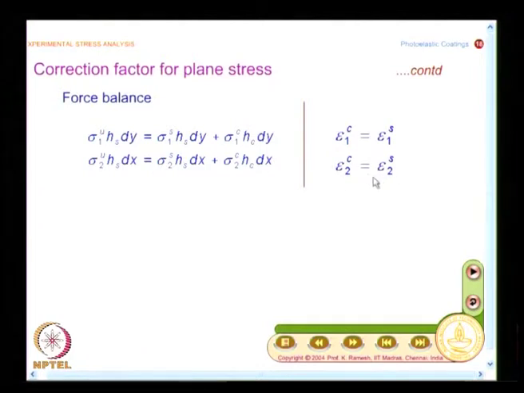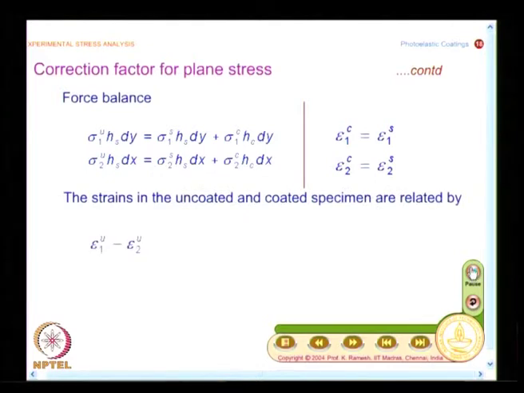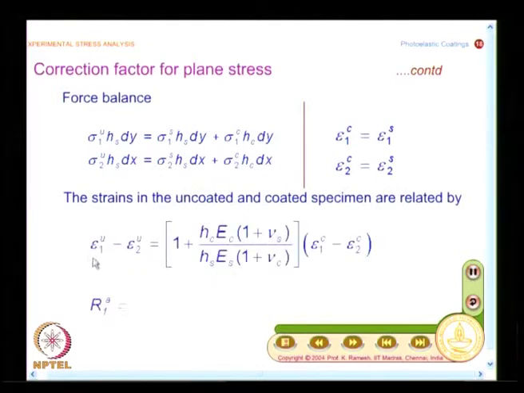This is possible only when the Poisson ratios are fully the same. So, that is the assumption that we make, and when I do this and also find out in what way the uncoated specimen strain difference is related to the coated strain difference, I have an expression like this.